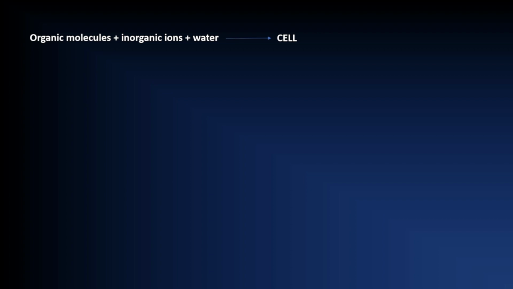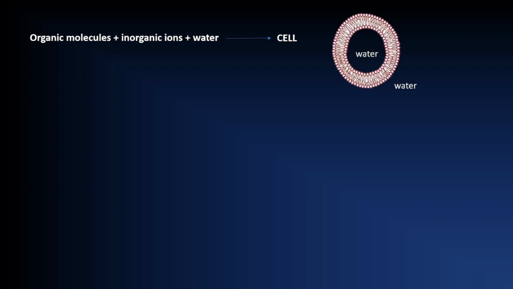Water is the abundant component of cell because it accounts for 70% of total cell mass. Water is solvent here. That means it dissolves the other substances such as these inorganic ions. That's why the environment of inside the cell as well as the outside of the cell is quite aqueous.